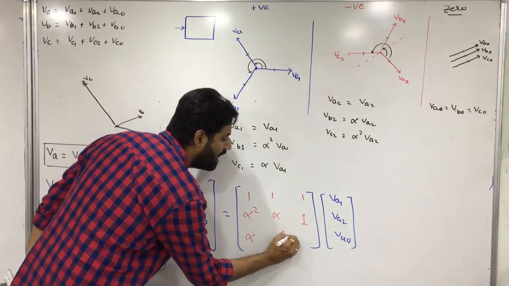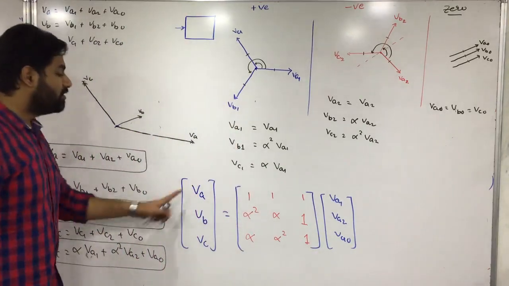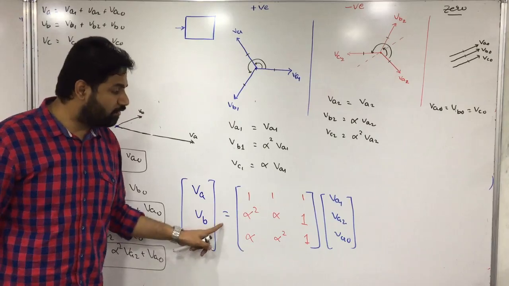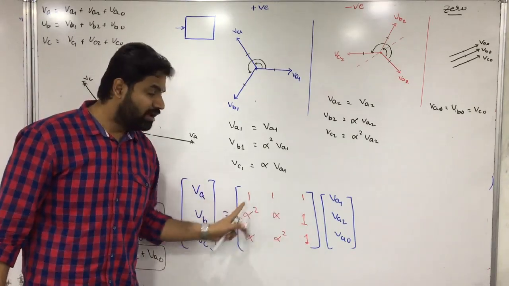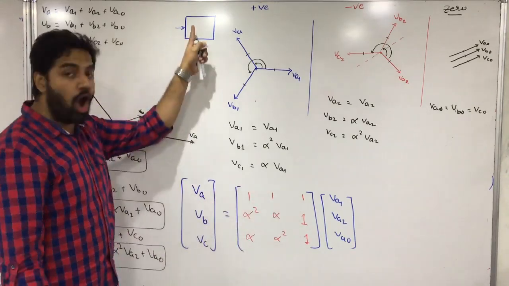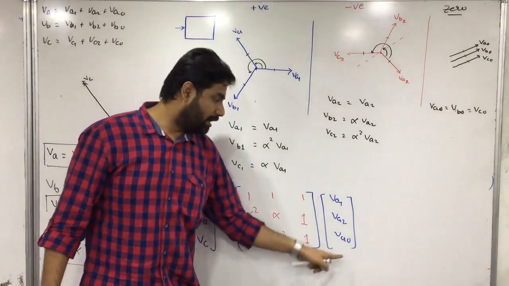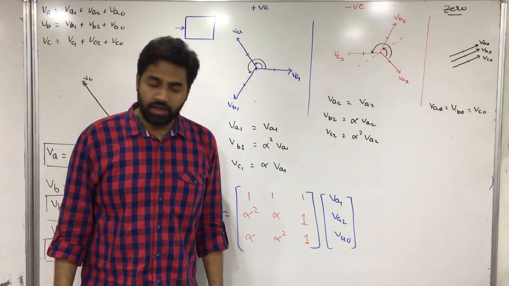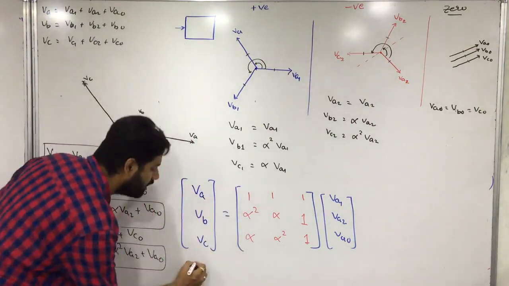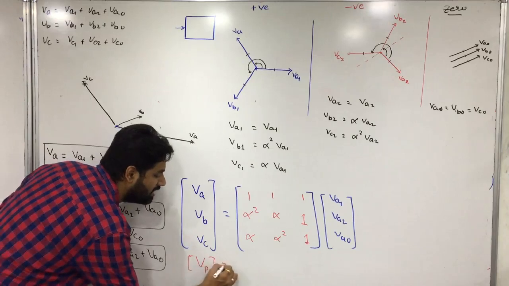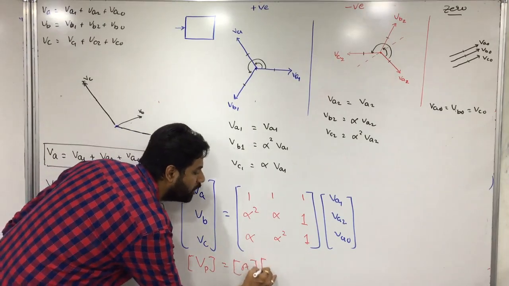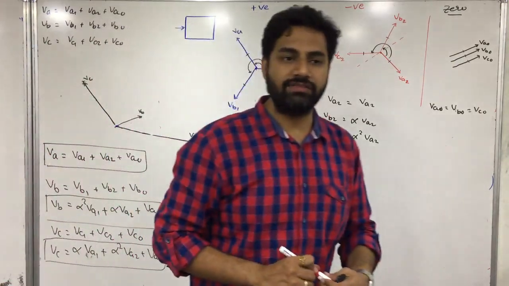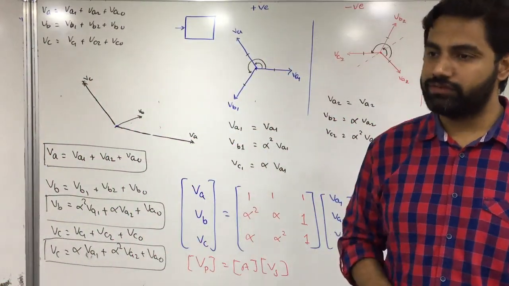So V phase quantities equal the transformation matrix, which is my box, multiplied by these sequence components. Clear? Done. So V phase is equal to A into V sequence. Any doubt on this? I hope everything is clear right now.